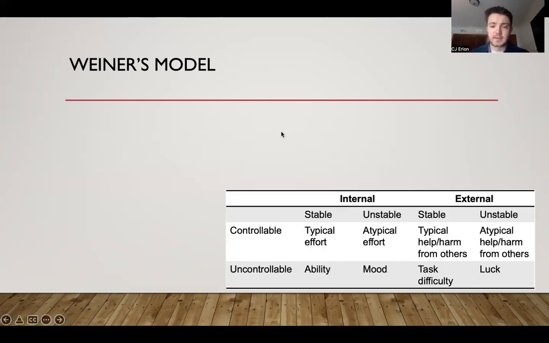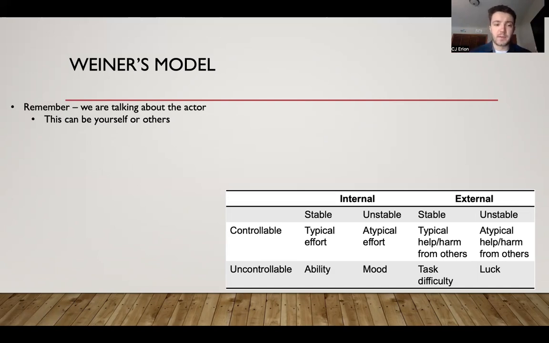So this is a chart that gets at combining these three various attributions under Weiner's model. Remember, we're talking about the actor, and by the actor, I just mean the person who did this certain behavior or is completing the task or whatever it might be. So this again can be yourself or others.